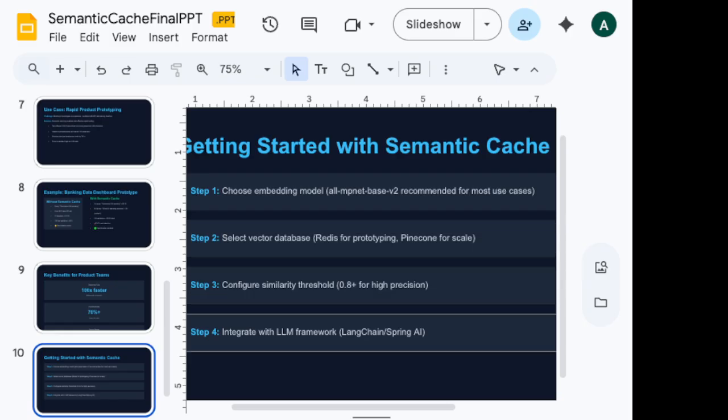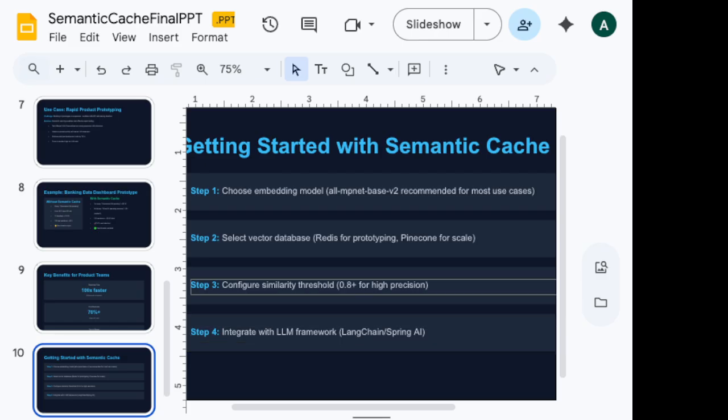Then we need to define a rule engine, or you can say a threshold. 0.8 is something that's preferred for high precision, because here the comparison is done based on similarity, not the exact content. Whenever a subsequent query turns out to be 80% similar to what we created the embedding for, we consider it the same, so we conclude it to be a cache hit.